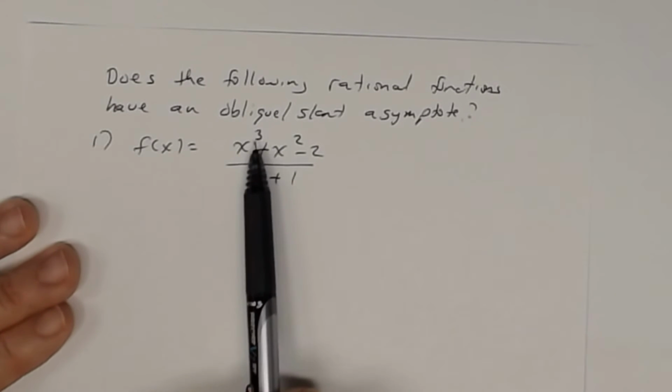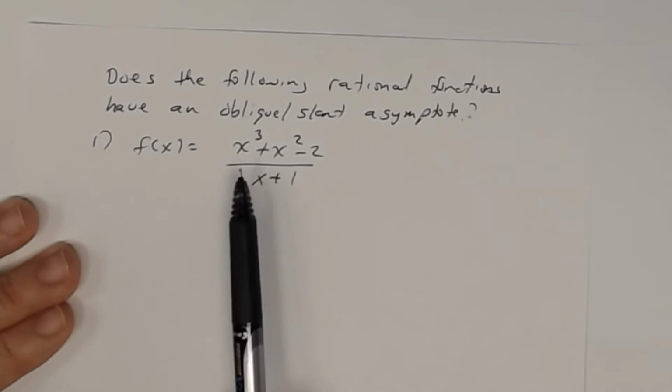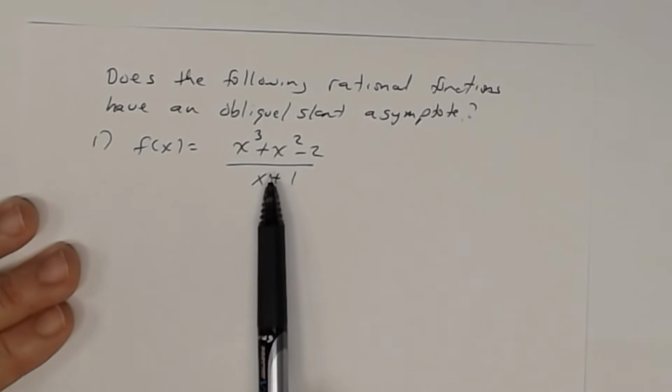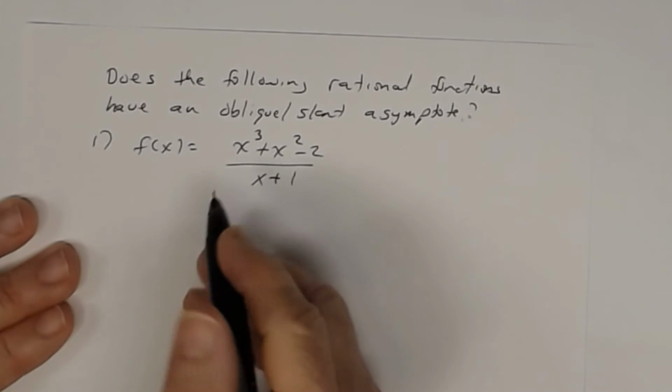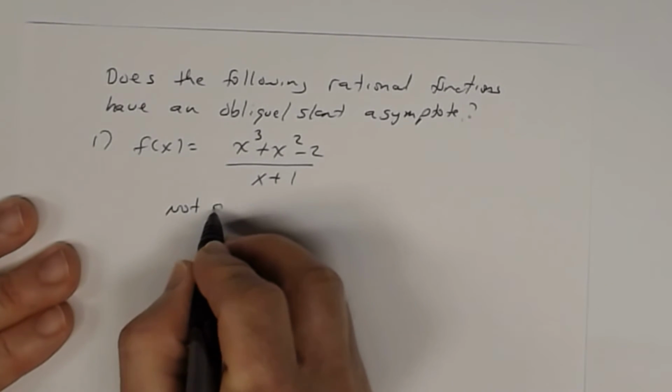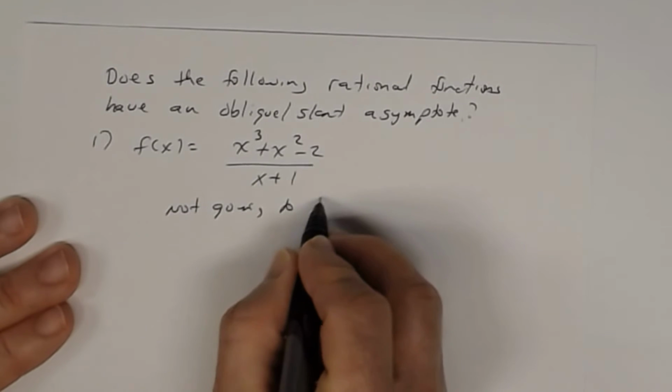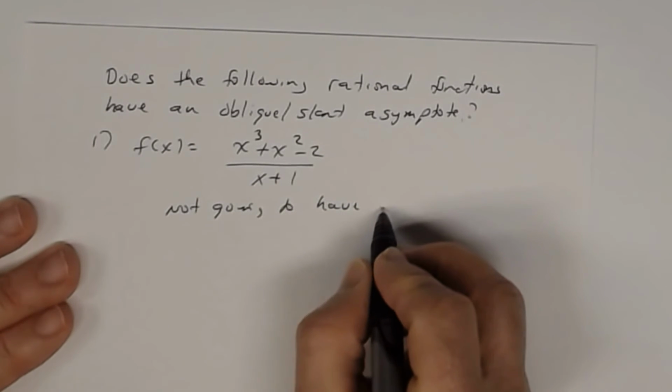So look at the degree of the numerator. The degree of the numerator is 3. The degree of the denominator is 1. Well, that's 2 more, right? 3 is 2 more than 1. So you're not going to have an oblique asymptote.